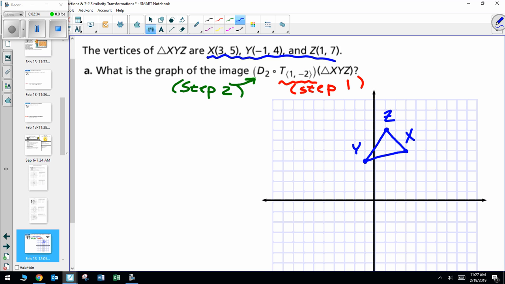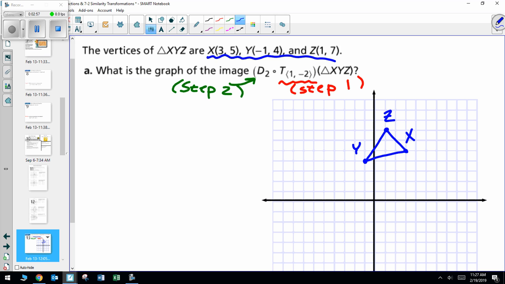Does that mean reflection, rotation, translation? Translation. The big T stands for translation. And this tells me my direction I'm translating. What does this 1 tell me? Is that 1 up, 1 down, 1 right, 1 to the left? One to the right, right?